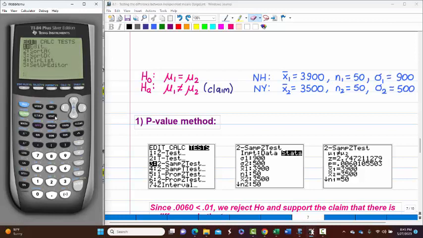Stat, test, 2 sample z-test. Standard deviation 1 is 900. Standard deviation 2 is 500.